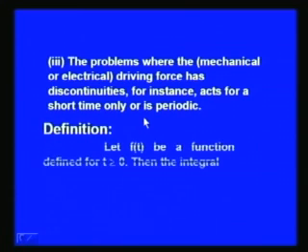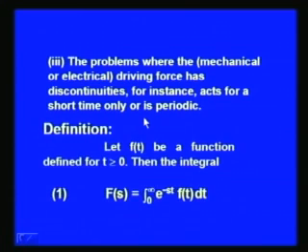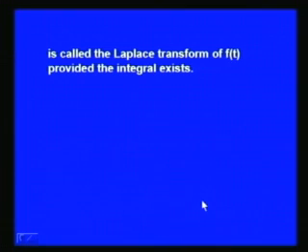Let us define what we mean by a Laplace transform. Let f(t) be a function which is defined for all t greater than or equal to 0, then the integral given by F(s) equals the integral from 0 to infinity of e to the power minus st times f(t) dt is called the Laplace transform of f(t), provided the integral in equation 1 exists.